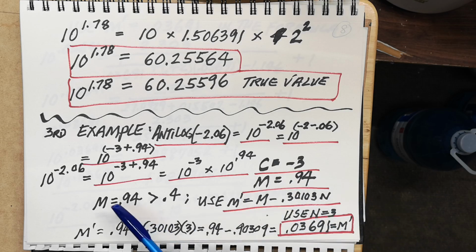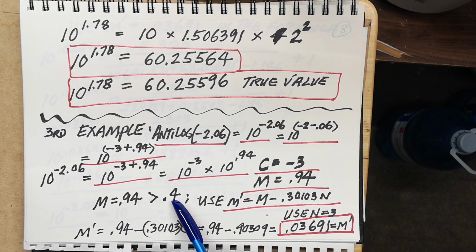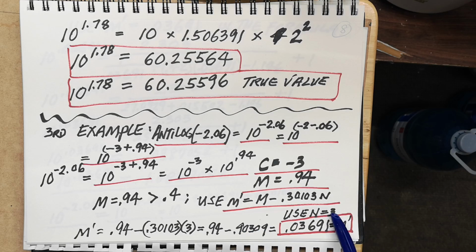We know that 0.94 is greater than 0.4, so we have to reduce this 0.94 to something less than 0.4. So we use n equal to 3, because for 0.94, the third multiple of 0.30103 is 0.90309.